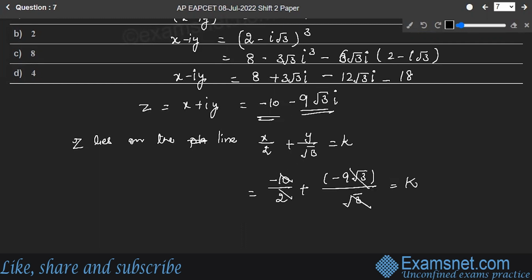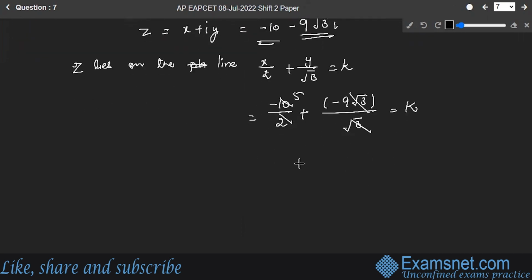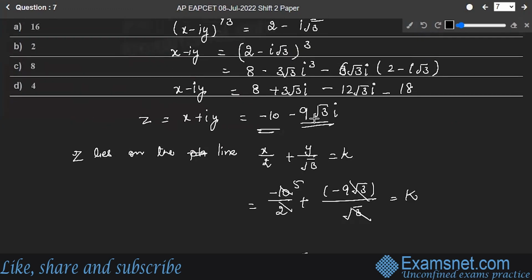They will cancel out and you will have minus 5 and minus 9. Wait, here is a small correction.